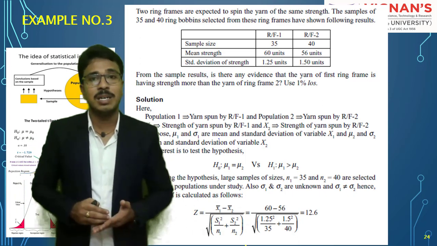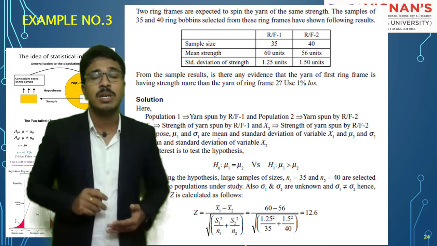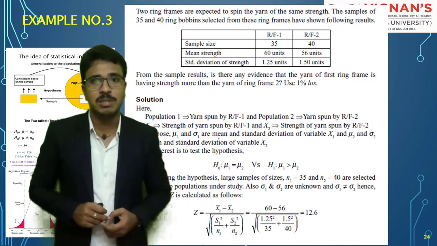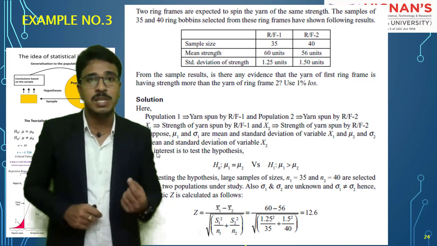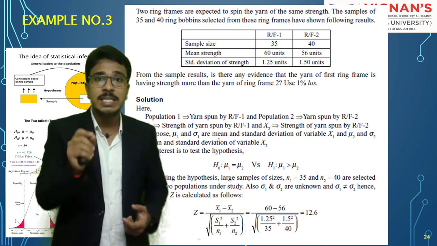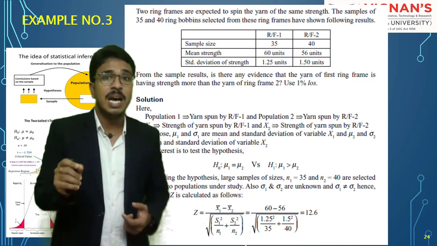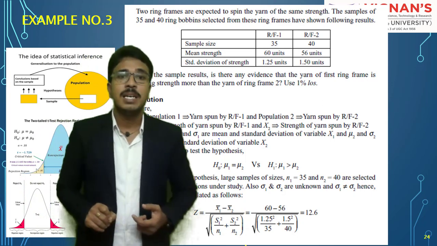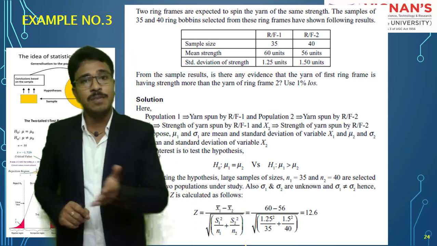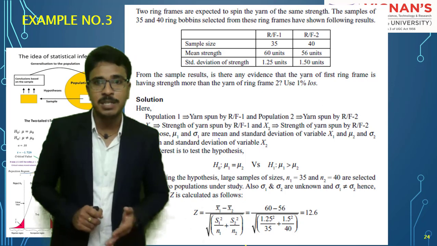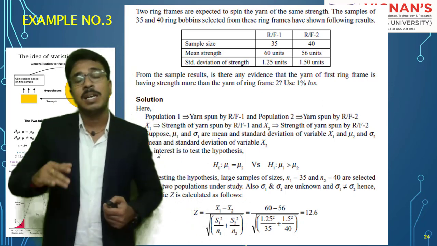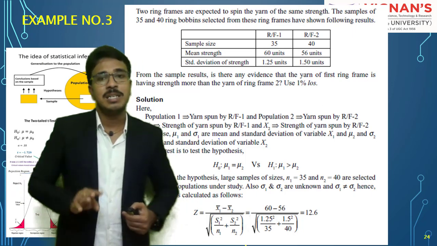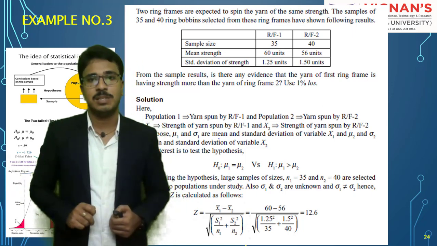That is not our criterion to decide the assumption. You have to look at the problem. Even before that I stressed this. Is there any evidence that the yarn of the first ring frame has higher strength than the yarn of the second ring frame? That means mu1 is greater than mu2. This is the null and alternative hypothesis.